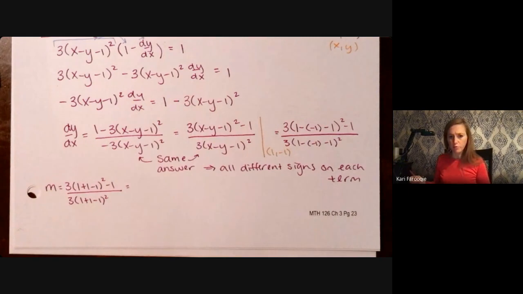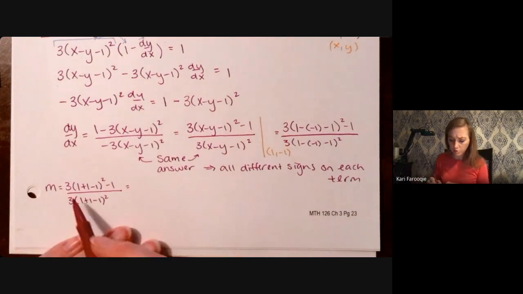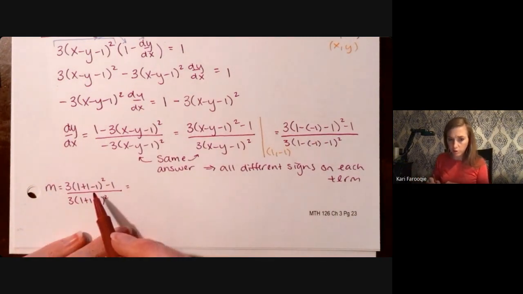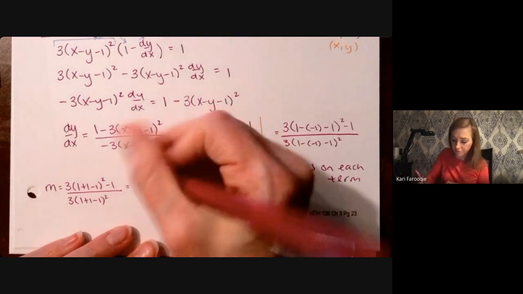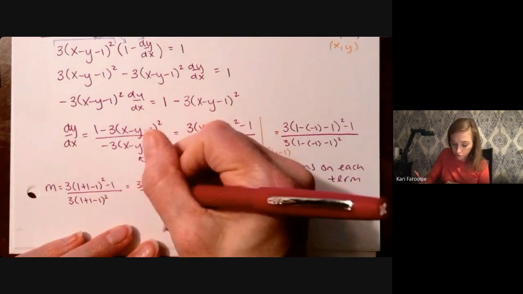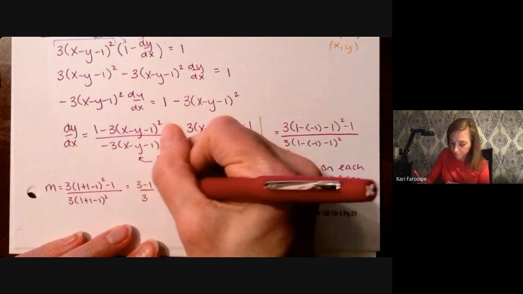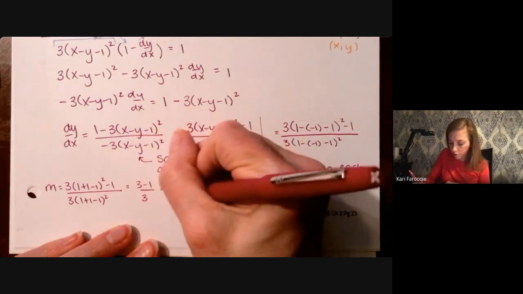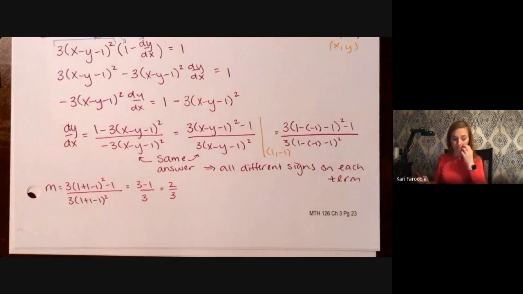Got to leave some room for our equation here. 1 plus 1 is 2, minus 1 is 1, squared is 1. So that's 3 minus 1 over just 3. And that means our slope is 2/3. We have a slope of 2/3.